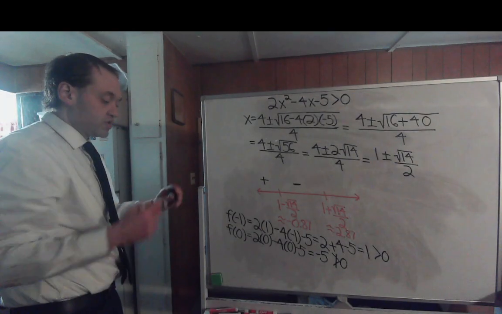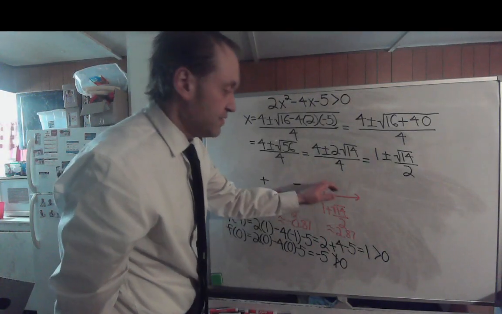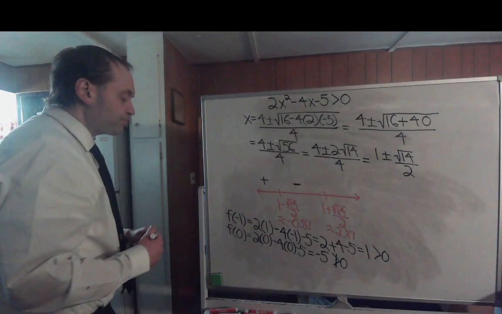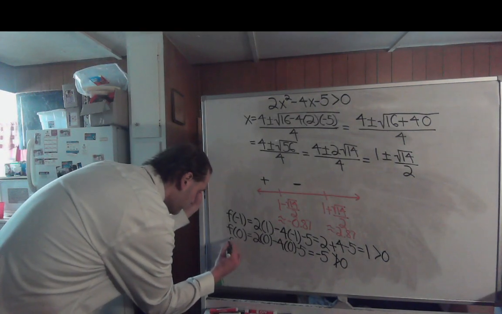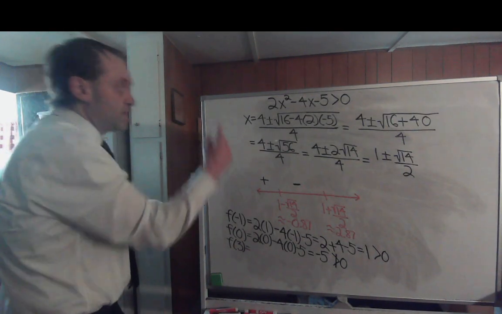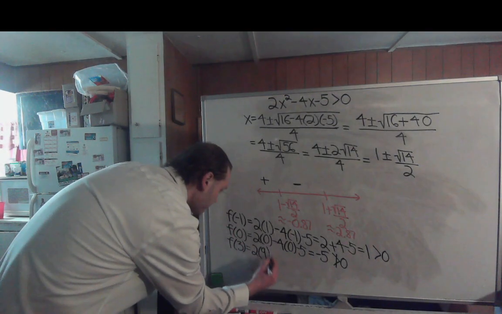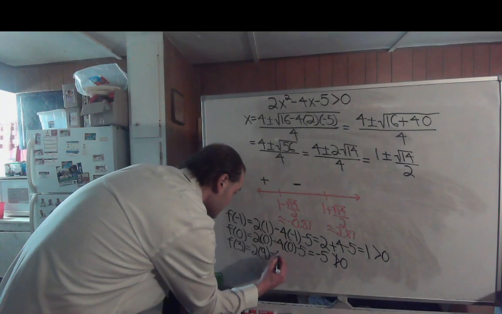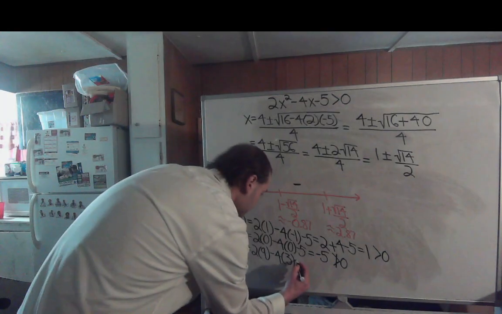And then, of course, we need to find from the interval of roughly 2.87 to infinity. So let's go ahead and take f of 3. That'll be the easiest one to do. 2 times 3 squared, so that's going to be 2 times 9, minus 4 times 3, and then minus 5.